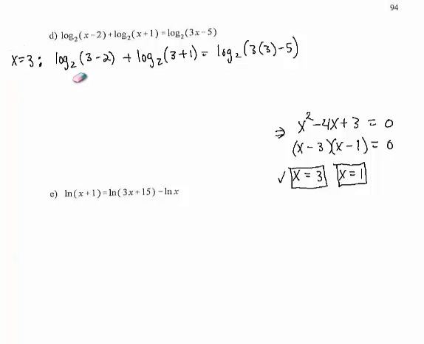What happens if we replace x with a 1? Now we're checking x equals 1. Well, we have 1 minus 2, a negative 1.